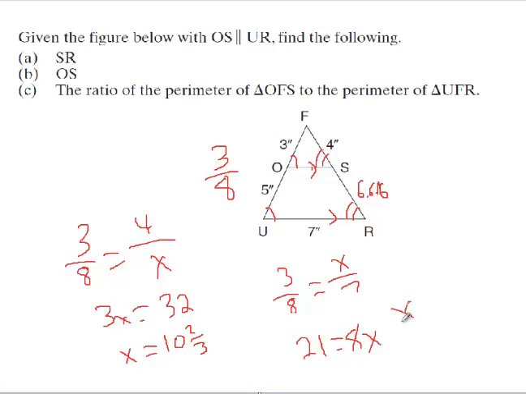And so divide each side by 8, and that gives you 2 5/8, or 2.625. Again, all I did was I divided this by 8 and that by 8. Okay. And then for the perimeter, well, the perimeter is going to be the same ratio by definition. The perimeter also has to have a 3 to 8 ratio.